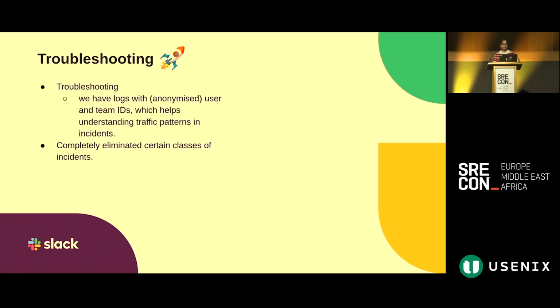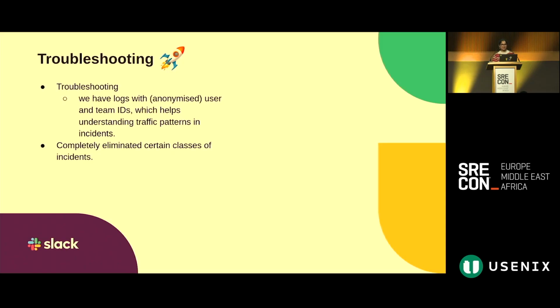Troubleshooting. I didn't mention this before, but all of these user IDs and team IDs are anonymized. When you look at them, you can't really know which company or workspace they belong to. You do have to do some processing if you want to know. And we have used these anonymized IDs in so many incidents because they help us understand the traffic pattern during the incident.